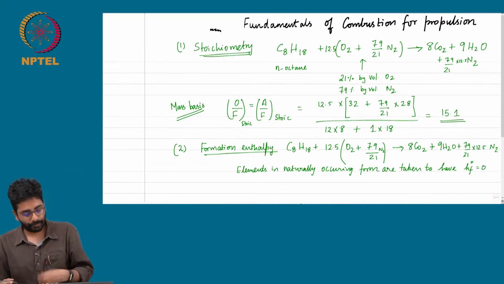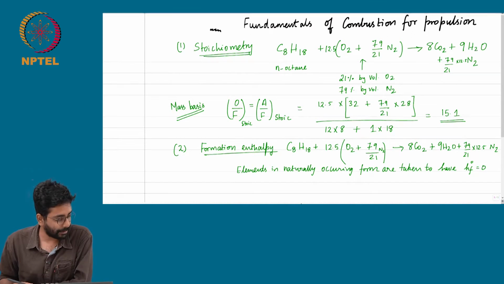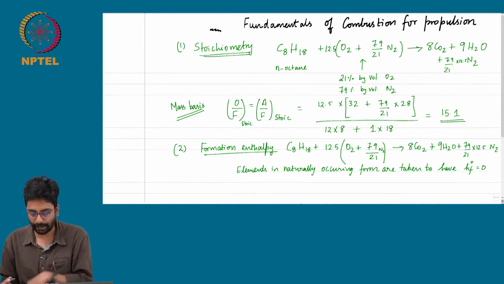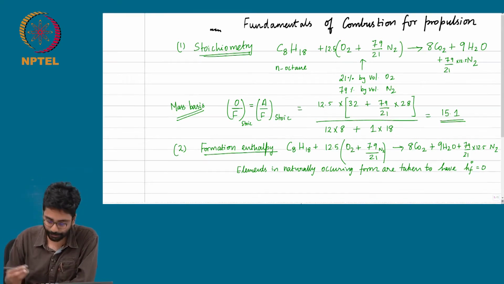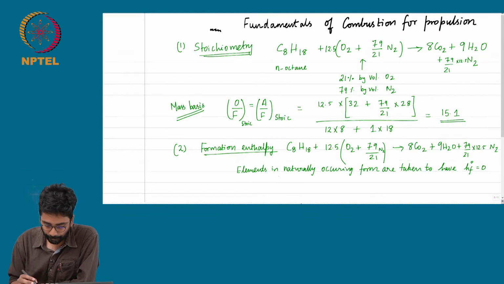Others, which are not naturally occurring forms of these elements, are formed by a reaction, and the enthalpy of that reaction is called the enthalpy of formation. I will give you a simple example. Let us take octane itself.